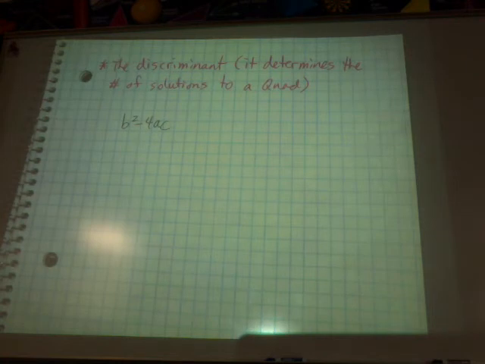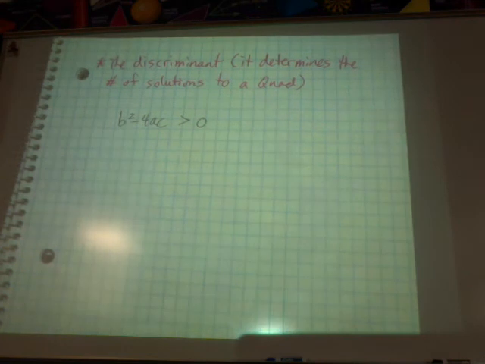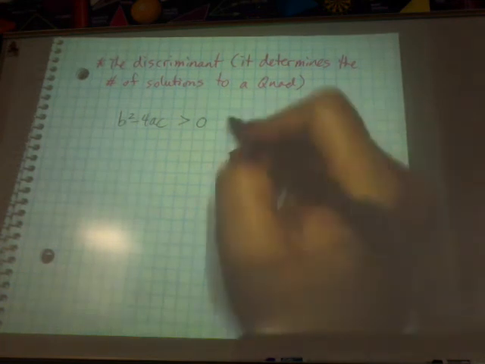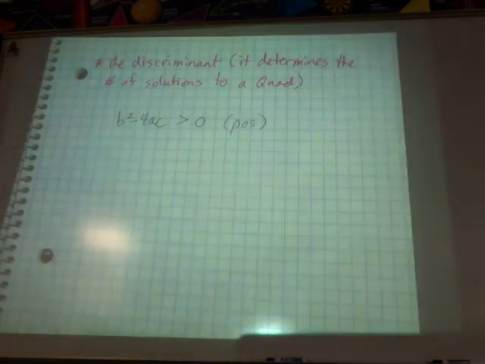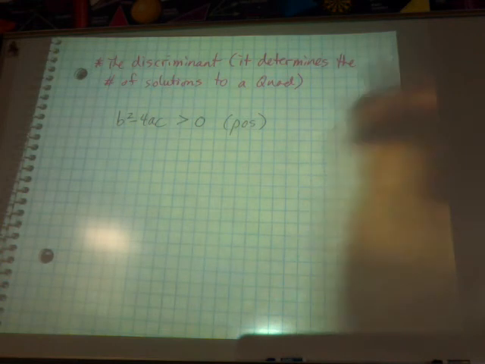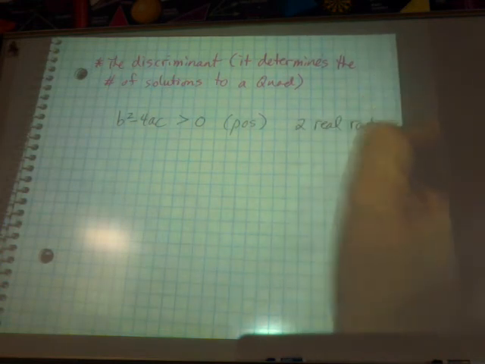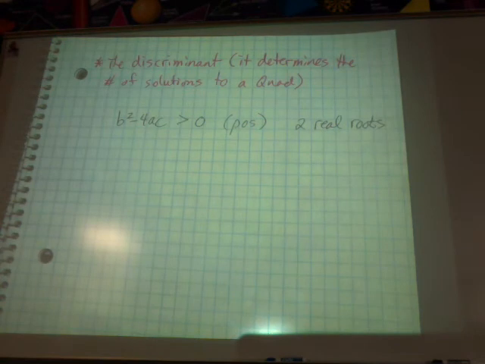So if b squared minus 4ac turns out to be greater than 0, what kind of numbers are greater than 0? So in parentheses, you'll put positive. You will always have 2 real roots. The reason why I use the word real roots is because you can have imaginary roots in Algebra 3-4, your second year of algebra.